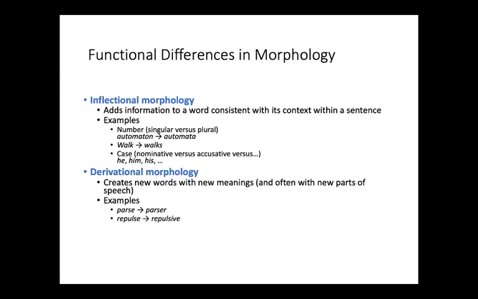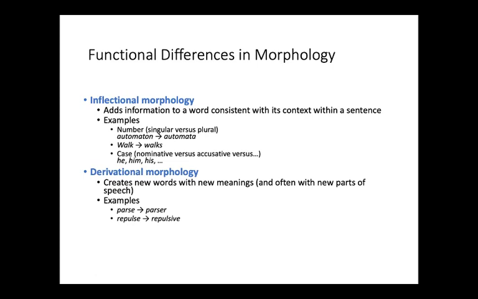Examples of inflection are things like number, like singular versus plural, or case, like nominative versus accusative case in languages that have that, where it changes depending on whether a noun is the subject of a sentence or the object of a sentence. We have that for pronouns in English, but not normal nouns. So it just makes different forms of the same word, like different tense forms, different number, different case. That's all inflection.